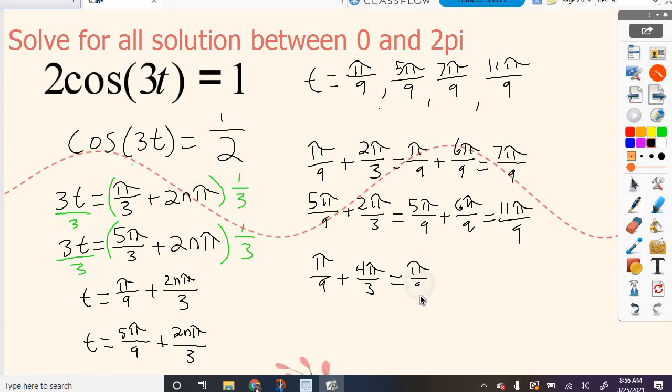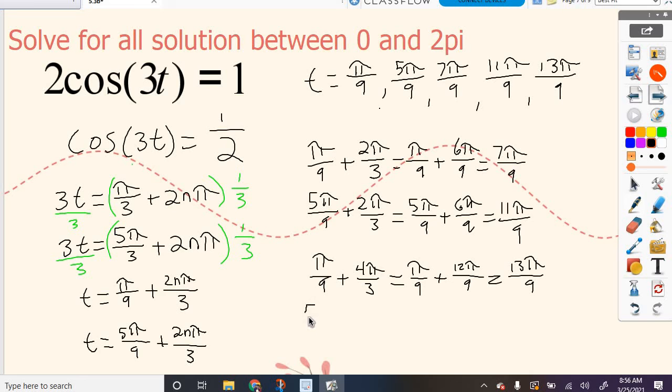We need to find a common denominator, which would give us 9 again. And so we're going to multiply our second fraction by 3 over 3. So we're going to get 12 pi over 9, which gives us 13 pi over 9. Add that to my list.